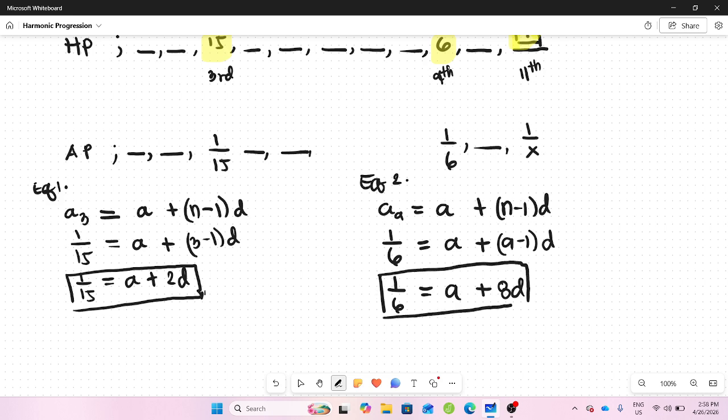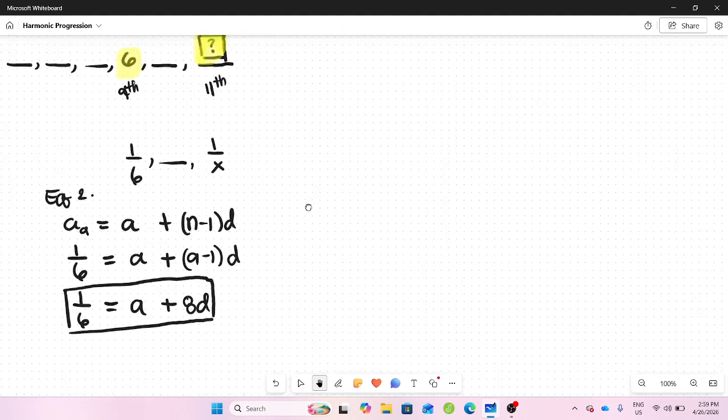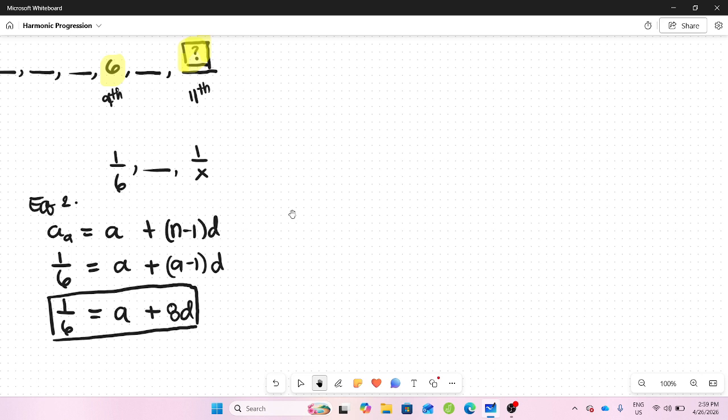Okay, I think I already see similar terms here. For the 11th term, this becomes, okay, equation 3.